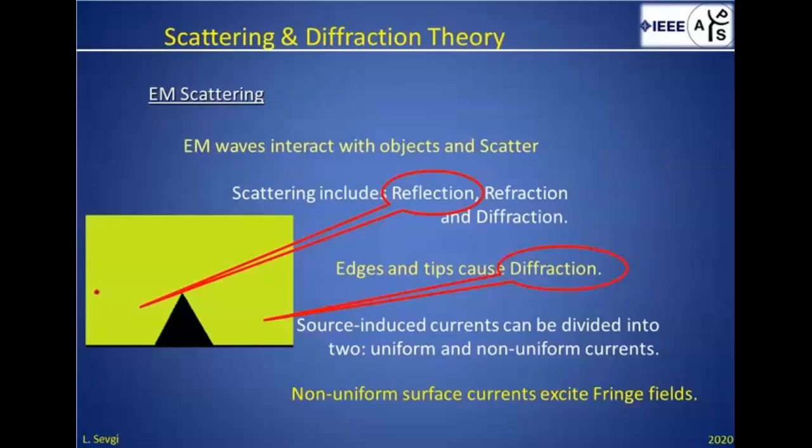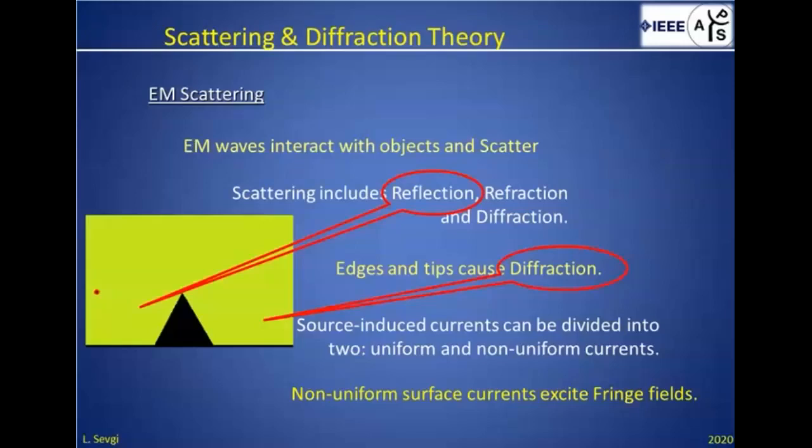So if you send an electromagnetic wave onto an object, that electromagnetic wave interacts with the object. And from this interaction, surface currents or volume currents are created on and in the object. We call them source-induced currents.